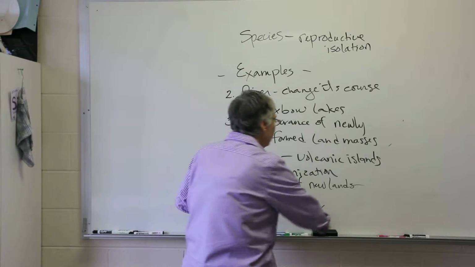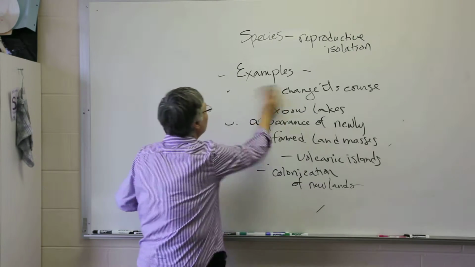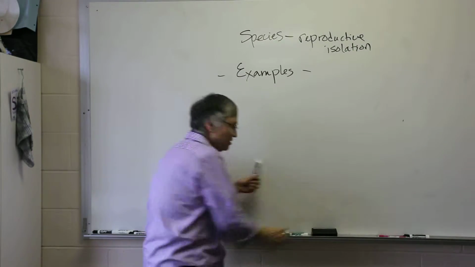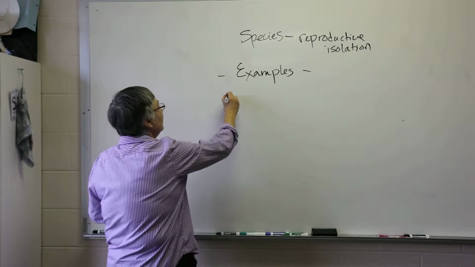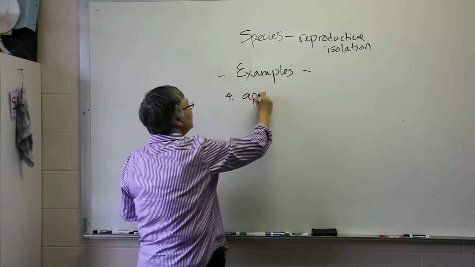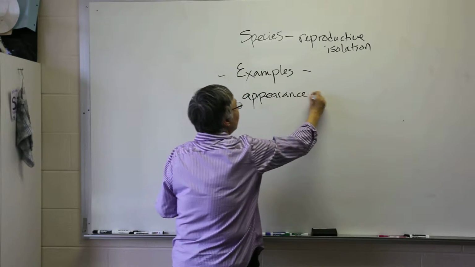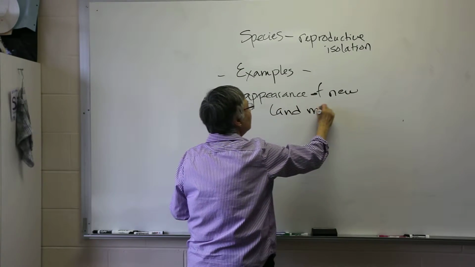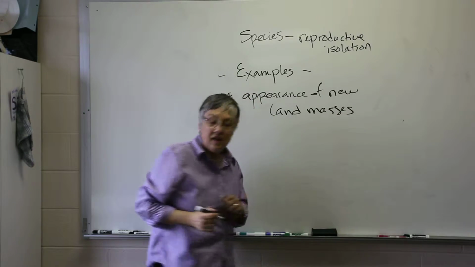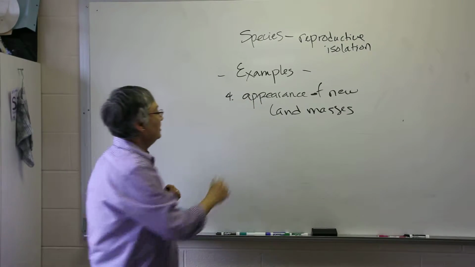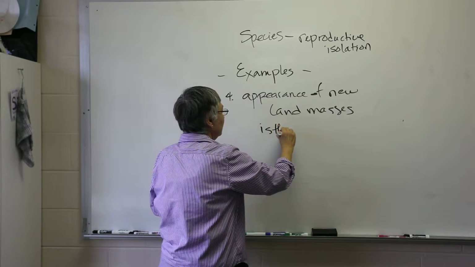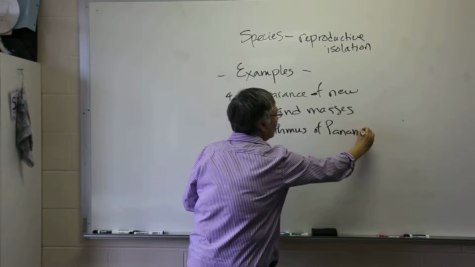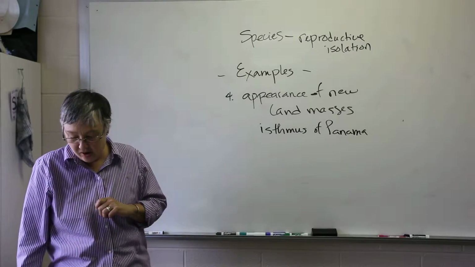One last example that I want to mention, which is somewhat similar to number 3. So this is the appearance of new land masses. And one example is the appearance of what's called the Isthmus of Panama.